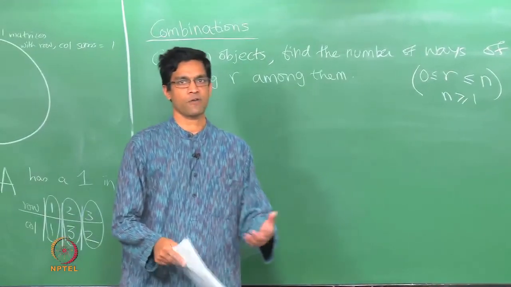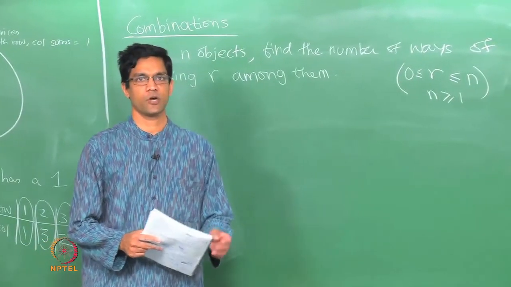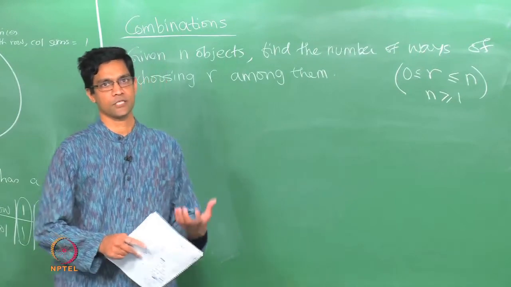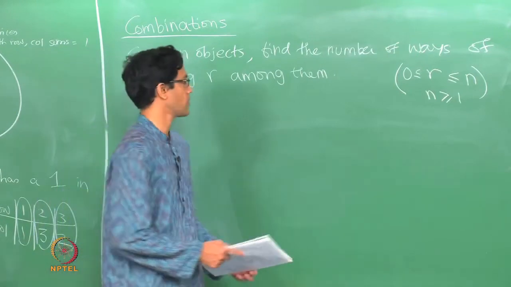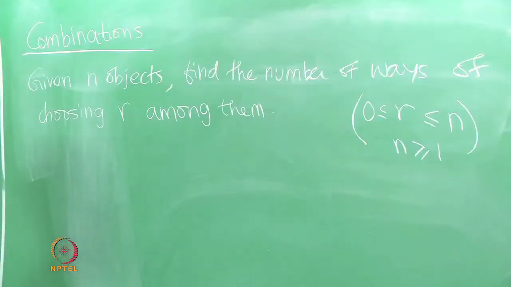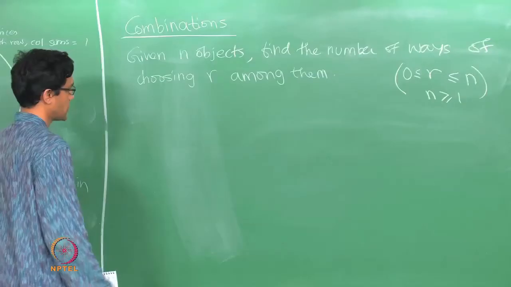Given a set of objects, a combination is not about ways of arranging but rather just ways of choosing R out of these n objects, and again this is something that you must have seen before.